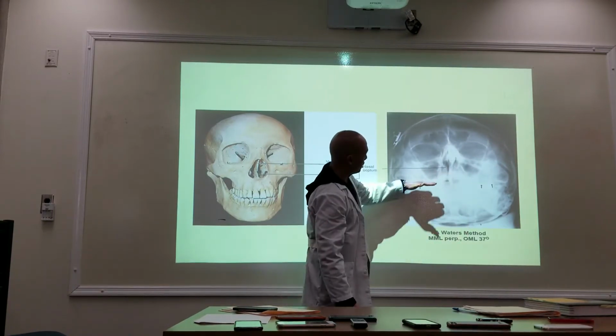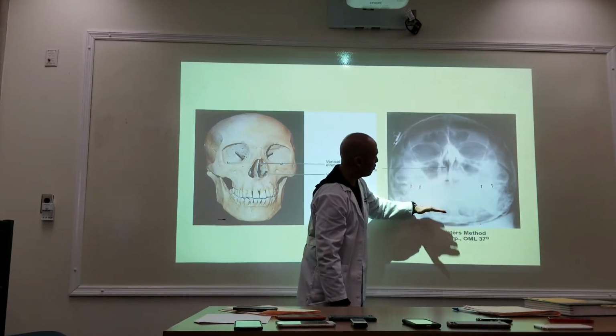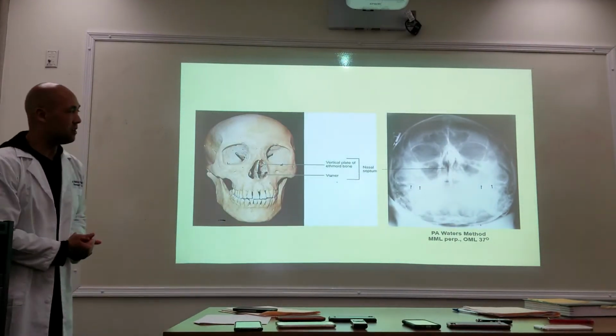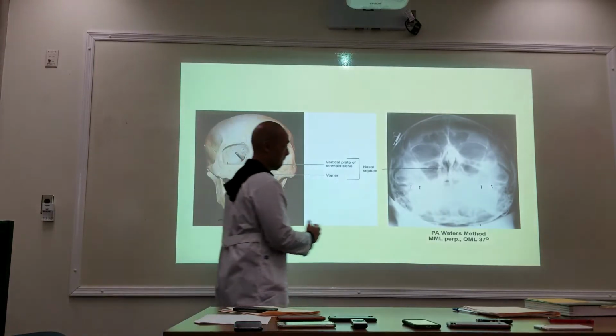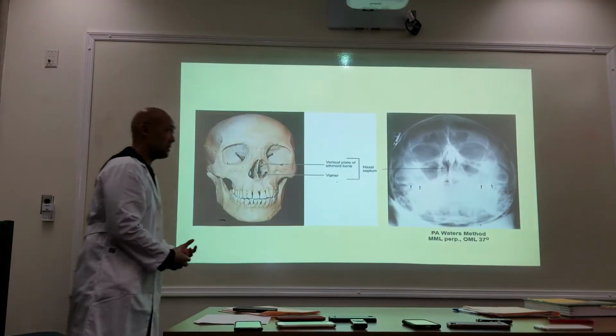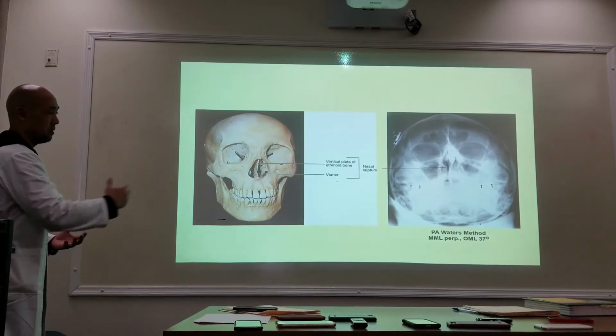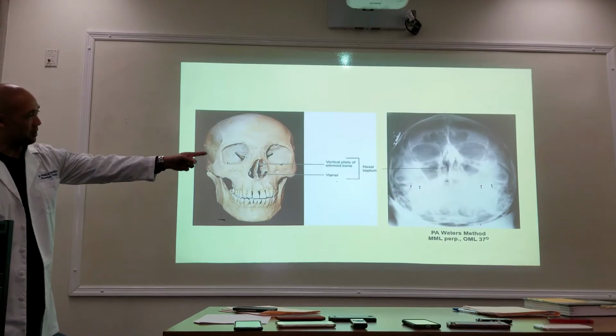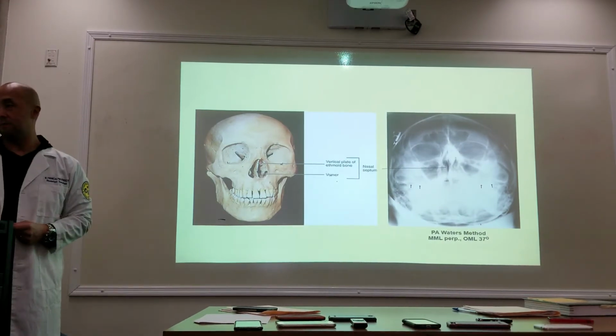So the petrous ridges lie way below that, and so this particular position, projection, view is very good for demonstrating what then? Sinuses. Very good for demonstrating the maxillary sinuses, which we'll talk about later on. But this is called the Waters view. But it's also very good in looking at that bony nasal septum.